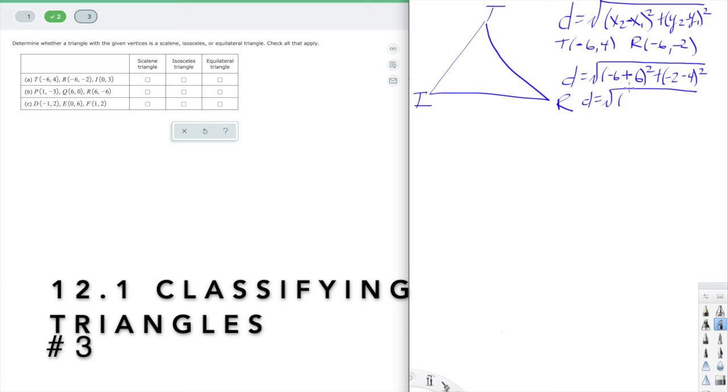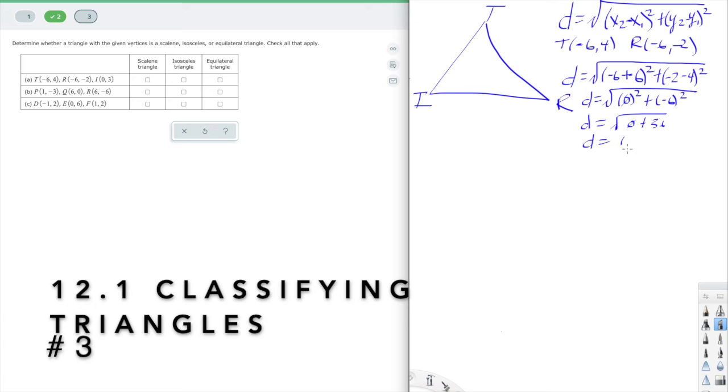-6 plus 6 is 0, because they're opposites. And then -2 minus 4 is -6, because they're both negative, so I add and keep the negative sign. 0 squared is 0, and -6 squared is 36. So 0 plus 36 is 36, and I can take the square root of that.